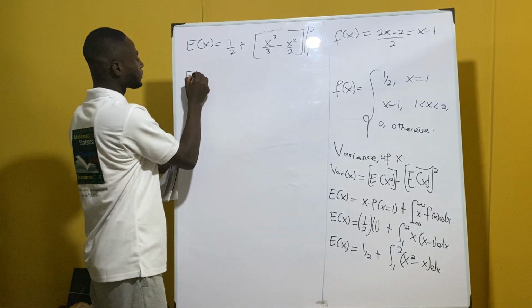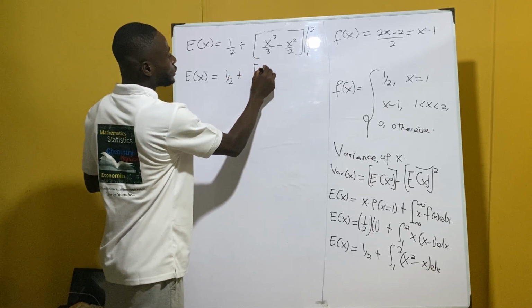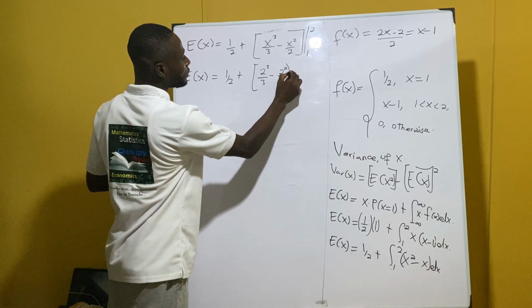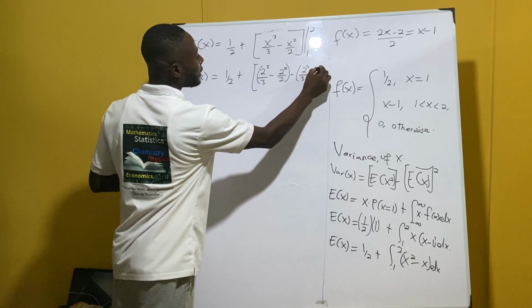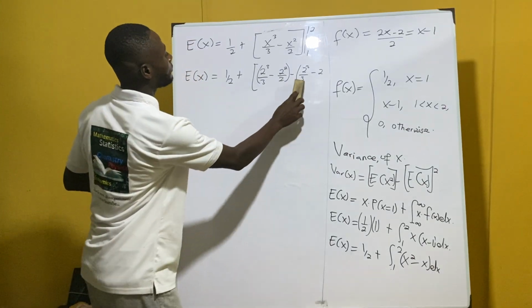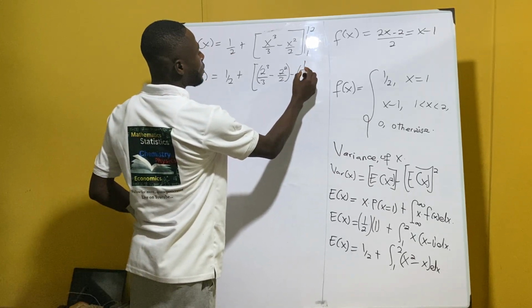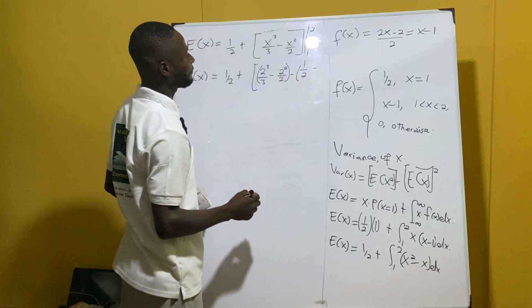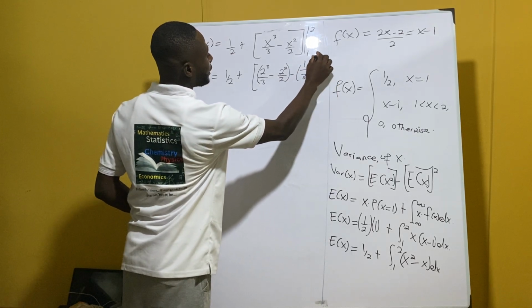So here, we're going to have half plus 2 cubed over 3 minus 2 squared over 2, minus half, right?